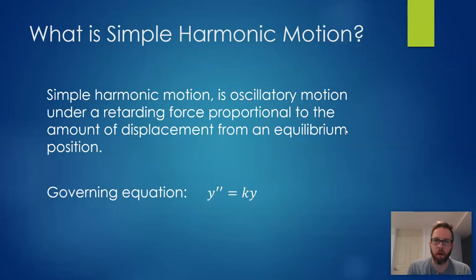Simple harmonic motion is oscillatory motion under a retarding force proportional to the amount of displacement from an equilibrium position. So in terms of an equation, most people taking this course, at least at my school, have taken some level of physics, and at the very least know Newton's second law: force equals mass times acceleration.